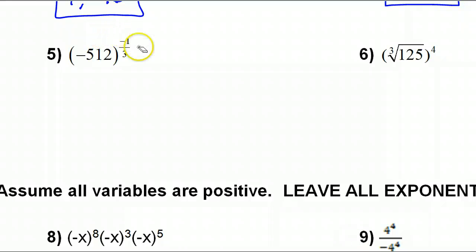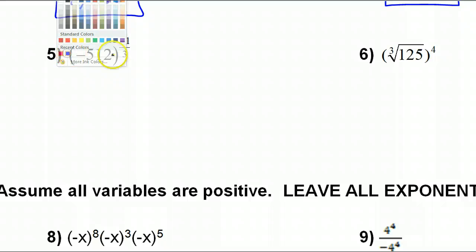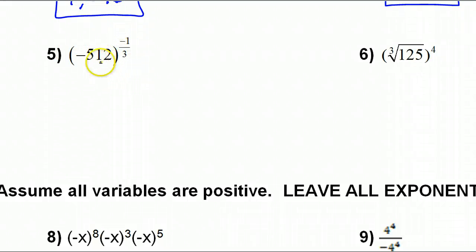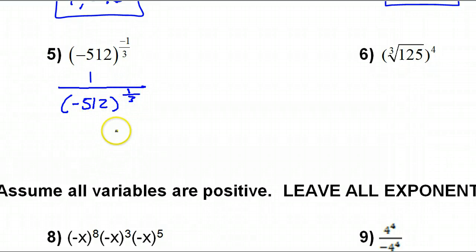Number 5 has a negative exponent. And the way I like to handle a negative exponent is that negative power means we have to drop this entire thing into the denominator. So this will quickly become 1 over negative 512 to the 1/3 power. Alright, we've dealt with the negative now.